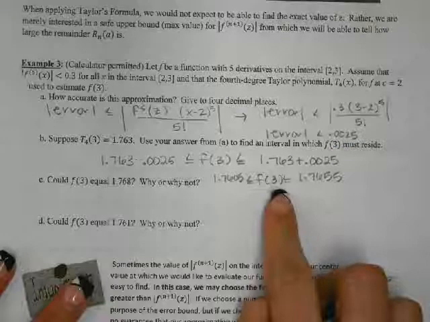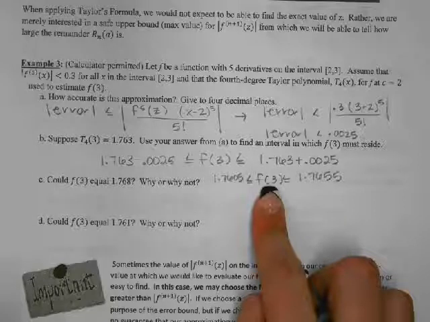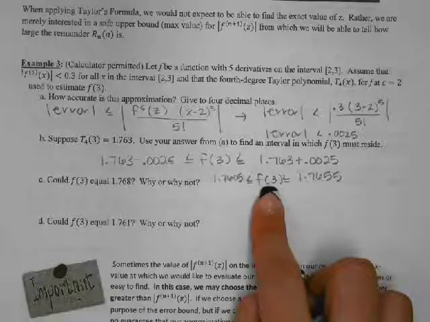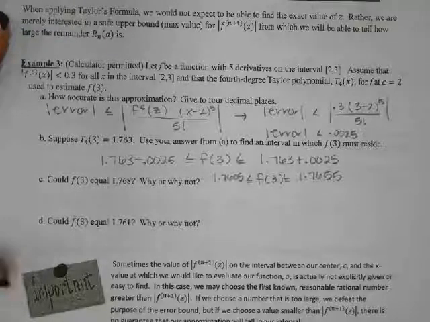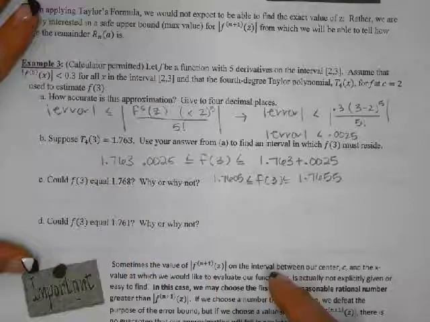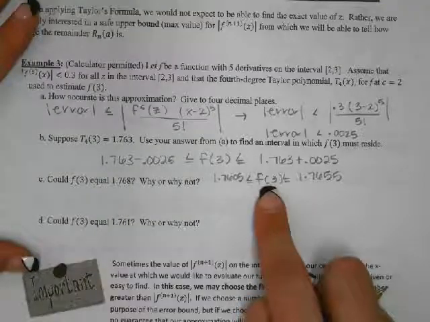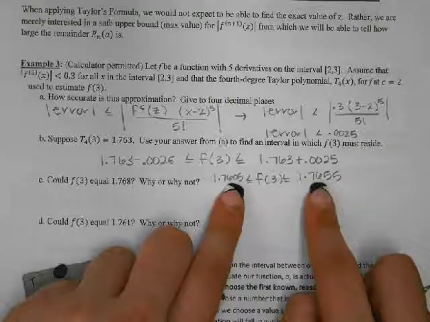So I don't know exactly what it is if you were to have the actual curve, not the polynomial, but the actual curve and be plugging it in, but I do know it's somewhere between these two values. So is it possible that the real curve could equal 1.768? The answer is no, because 1.768 is not in between these two values.